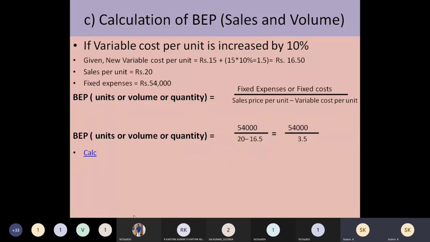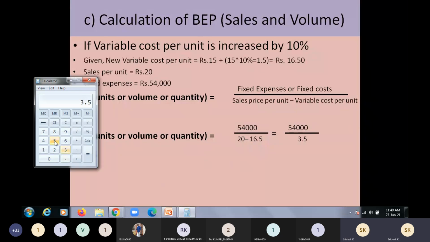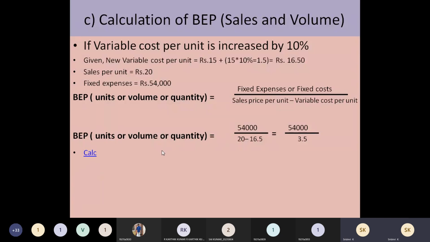So divide it by 3.5 rupees. How much do you get if you divide 54,000 by 3.5? That will give you 15,428.5.